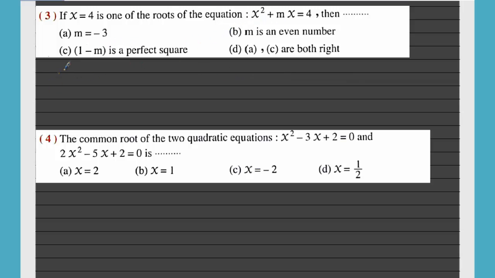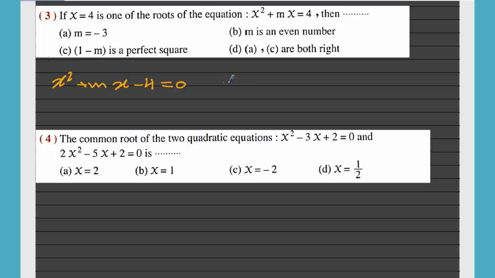We have the equation x squared plus mx minus 4 equals 0. We bring 4 from the right hand side to the left hand side, and we must change the sign. Here it is positive, so in the left hand side it is negative. But x equals 4 is one of the roots.